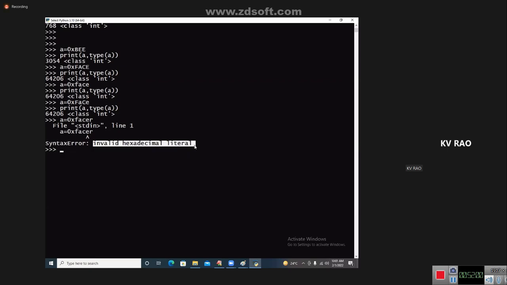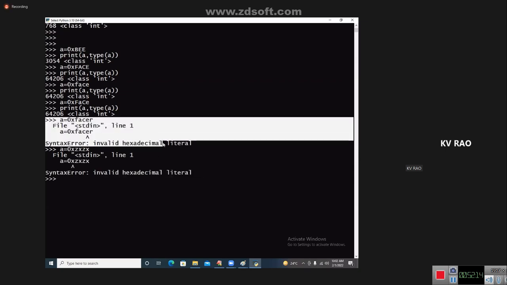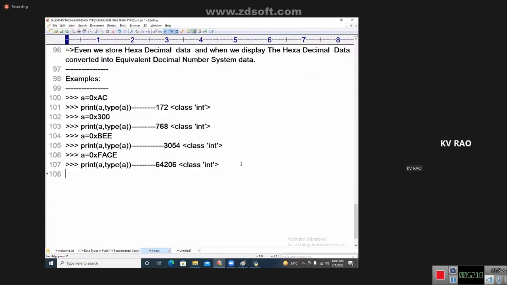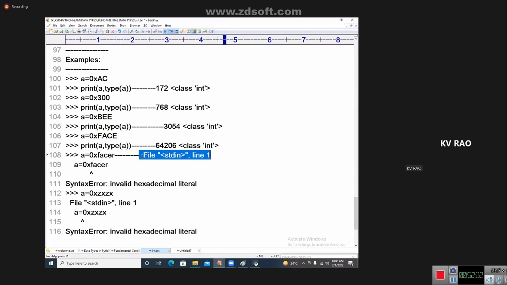Invalid hexadecimal error. And Venkatesh used this 0x, zx. See that invalid literal. Things are very, very simple. So doubts should have respect towards it.